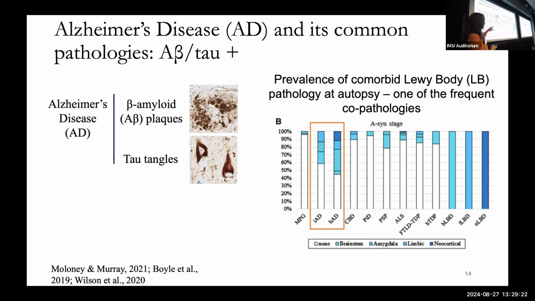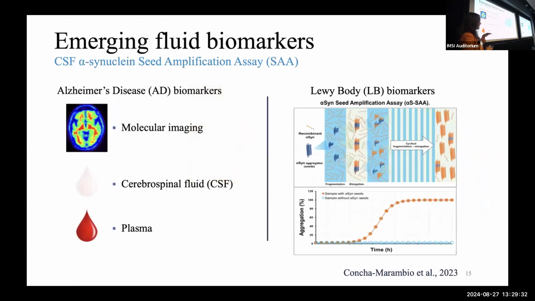And again, the Lewy body pathology is one of the frequent co-pathologies we see in Alzheimer's disease patients at autopsy. It's what we call a seeding assay. It doesn't detect the amount of Lewy body pathology, but it detects the alpha-synuclein seeds, which are related to the Lewy body pathology, and it's currently a binary detection approach.